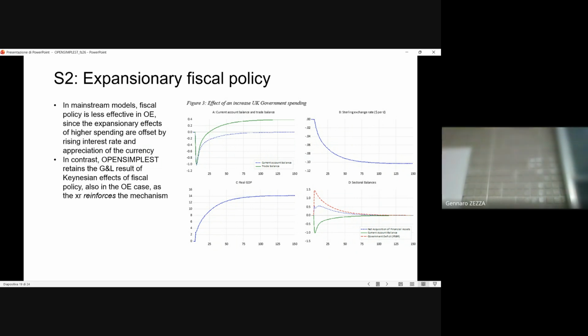So we retake the initial results of expansionary fiscal policy, and we demonstrate that the fear of an appreciation of the currency that comes from mainstream theory is not true, because in the simulation we see that the exchange rate goes down. So we see a depreciation of the currency. And this is so because once the current account moves, because of the increased spending by the government authority, the exchange rate reinforces the mechanisms, and so we have expansionary effects in the long run.